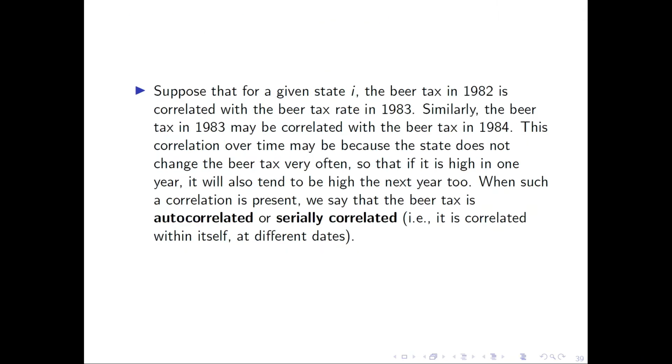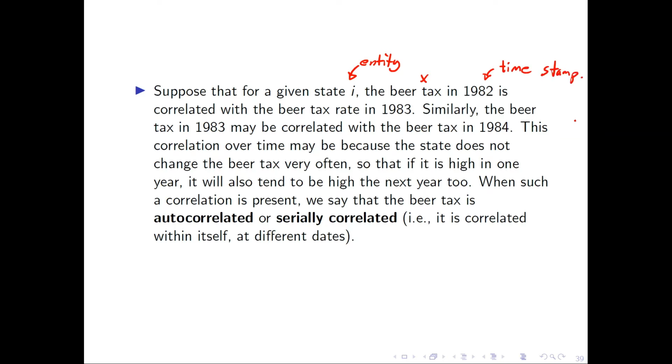This dependency of the x variable is probably more tangible by example. Suppose that for a given state i, which is the entity, the beer tax in 1982 is correlated with the beer tax rate in 1983. So the beer tax is the x variable, and this is the time stamp.